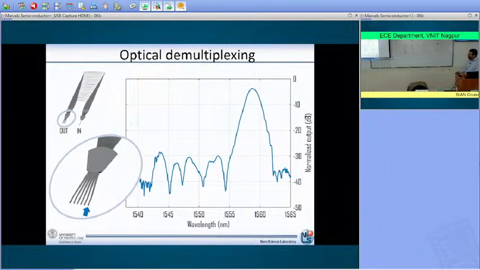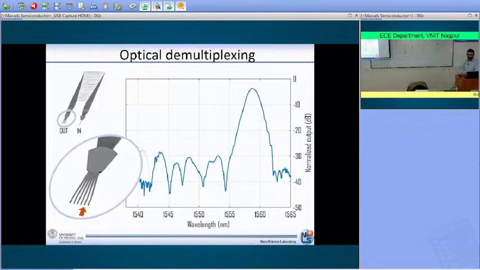And what you see is that depending on the wavelength, we have minus 40 dB of output, so a negligible signal. And then at this specific wavelength, we have a peak in the output. So that means that when we enter with any wavelength from this input there, at this output here, we only get the light that has this wavelength there.